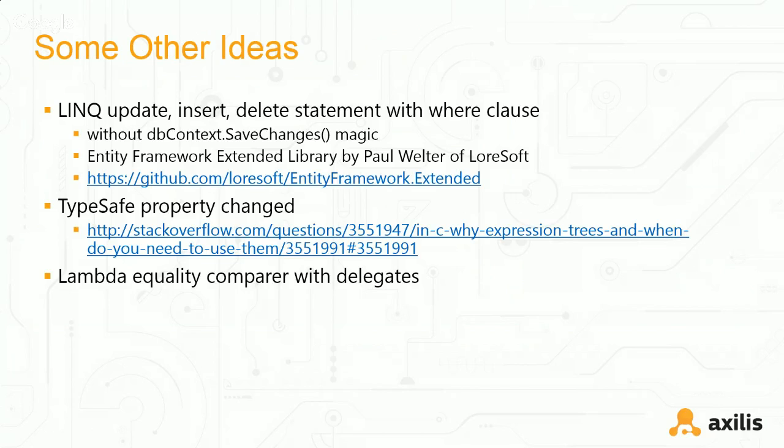For example, let's update zip code for all persons that lived in, I don't know, Samobor city. Now you cannot do it. You have to first fetch entities from the database, and then you change their values, and then they get updated.